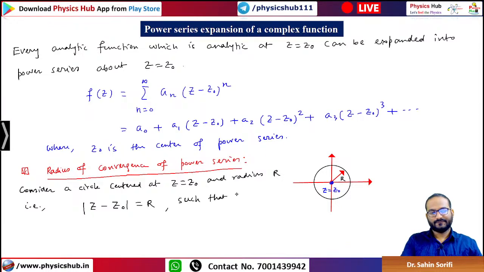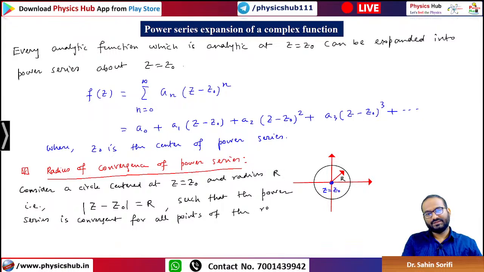such that the power series is convergent for all points of the region. What is the opposite case?